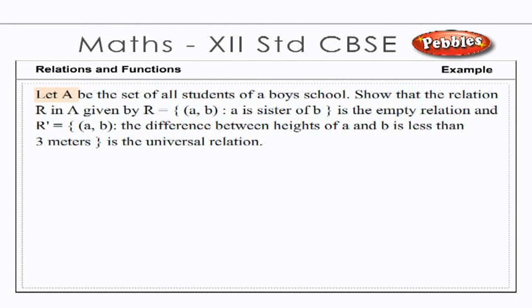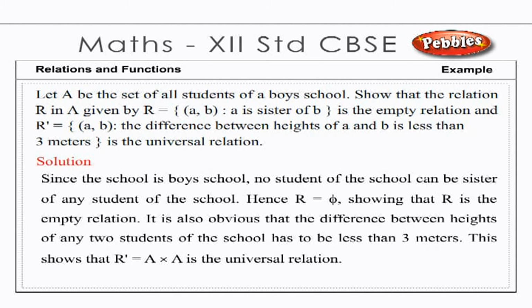Example. Let A be the set of all students of a boys' school. Show that the relation R in A given by R = {(a, b) : a is sister of b} is the empty relation, and R' = {(a, b) : the difference between the heights of a and b is less than 3 meters} is the universal relation. Solution.